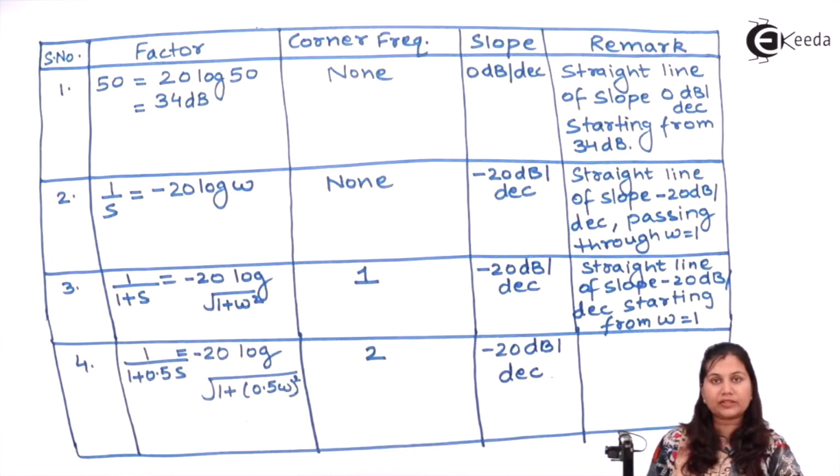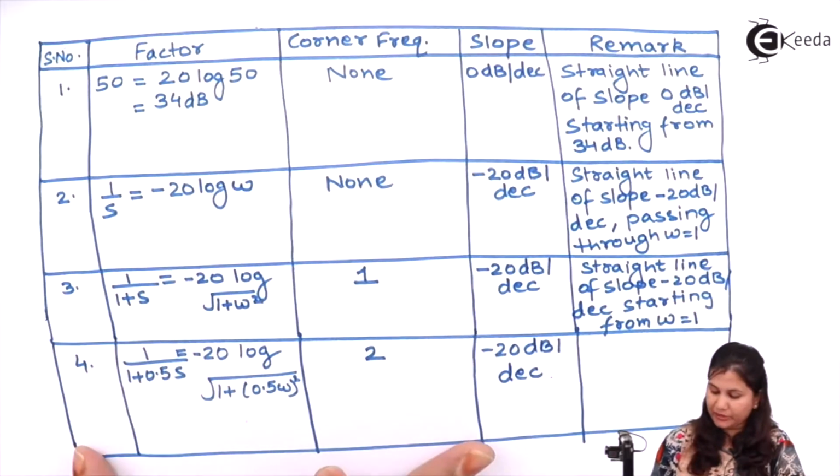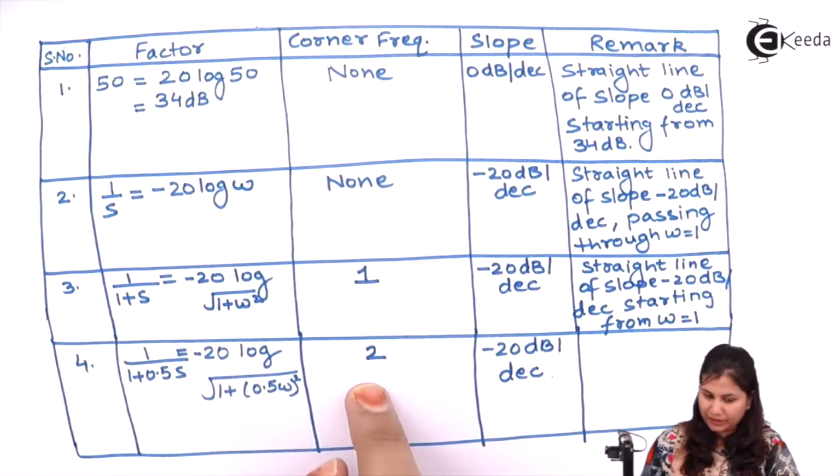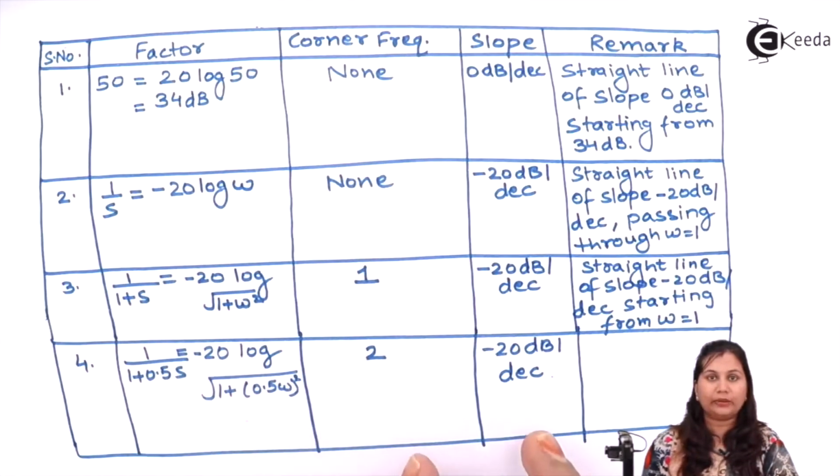How can we represent this on the Bode plot? This will again be a straight line of slope minus 20 dBs per decade and will start from the point of the corner frequency. So here the corner frequency is 2, so this straight line will start from omega equals 2.